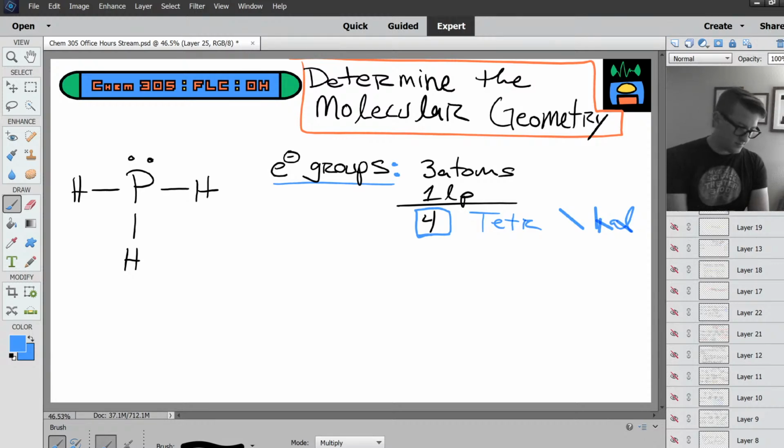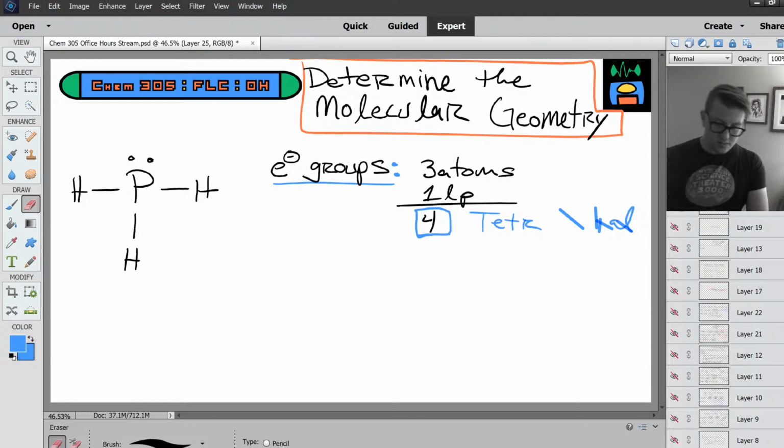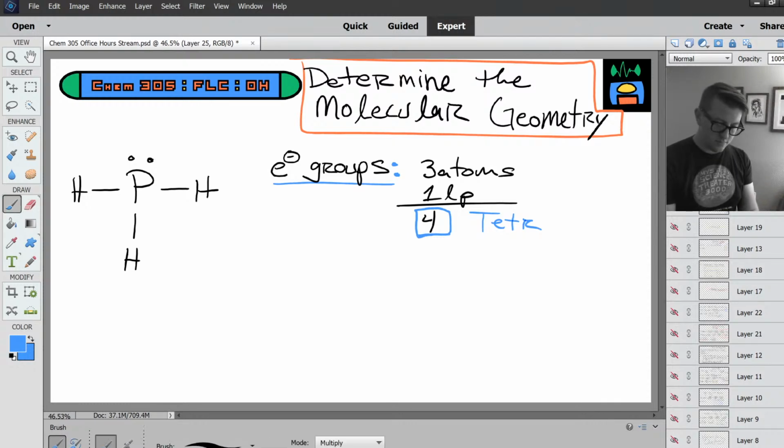Tetrahedral. All right. But once you know your electronic geometry, you have to look at your number of lone pairs.